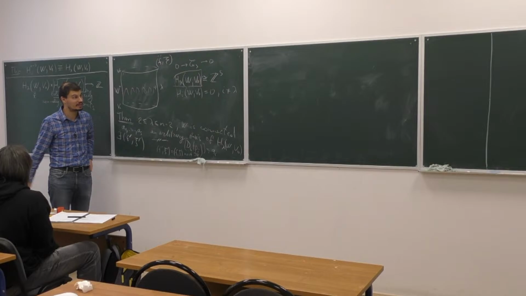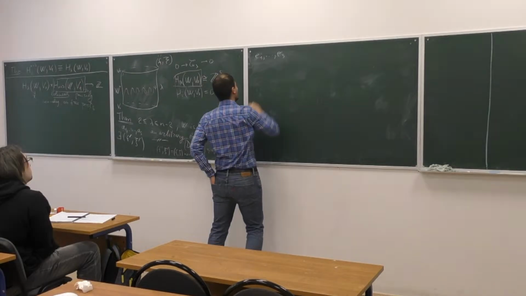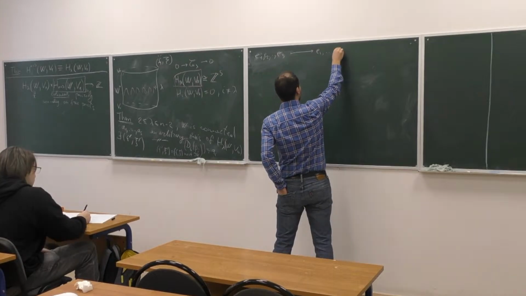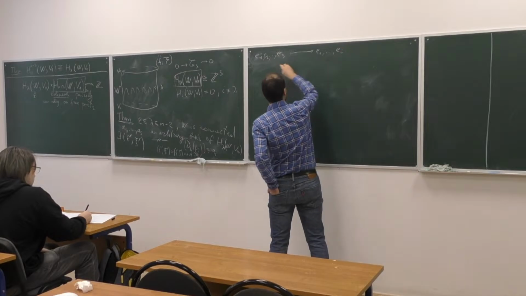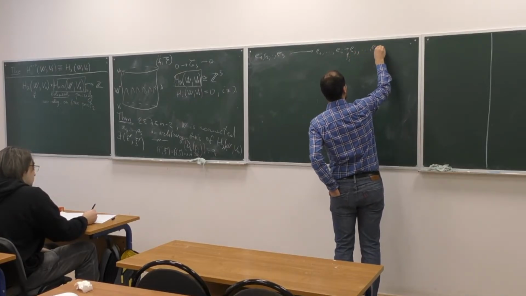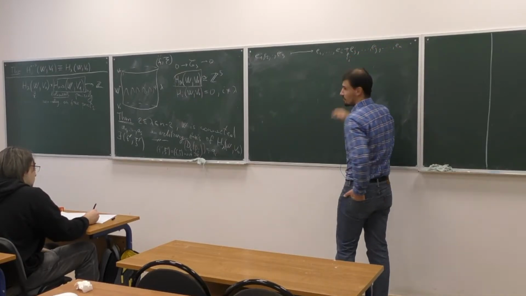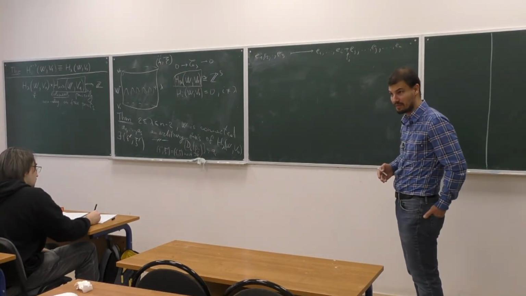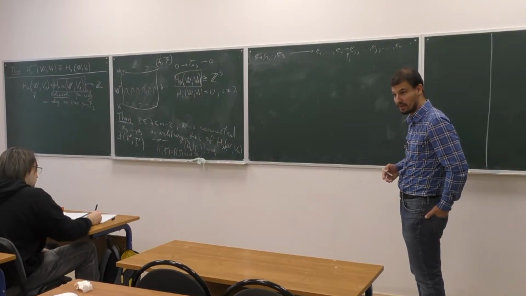And the second type of elementary move is that if we have such a basis e_1, e_2, ..., e_s, then we can change it by a basis where some e_i is replaced with the sum e_i + e_j. So this is the standard elementary move for bases.